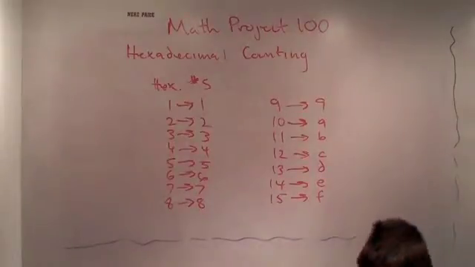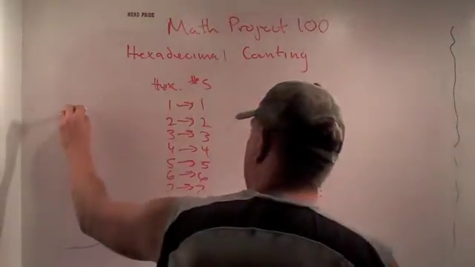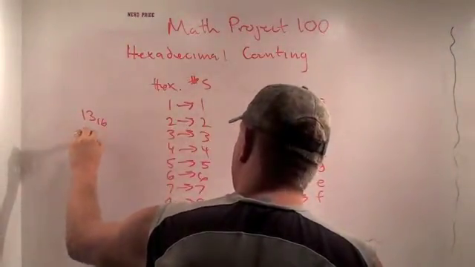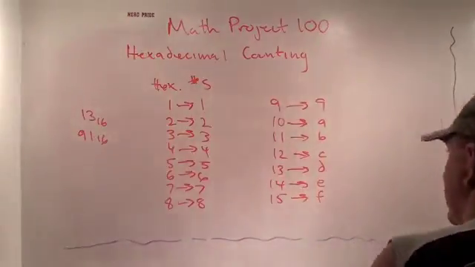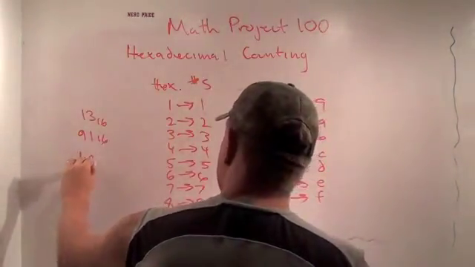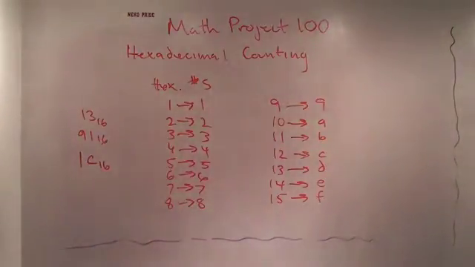So now in hexadecimal, instead of having just numbers like 13 base 16 or 91 base 16, we also have funny numbers that you've never seen before, like 1C base 16. And what does 1C base 16 mean?